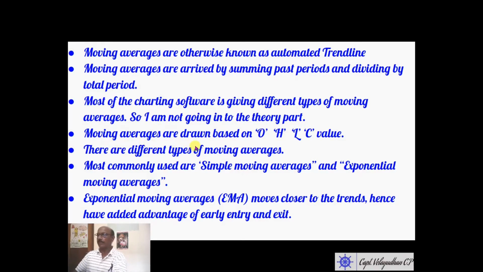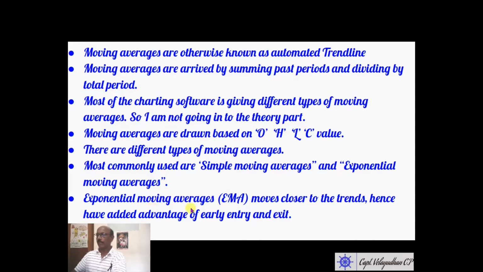Moving averages are drawn based on open, high, low or close. Most of the time people use close value for the moving averages. There are different types of moving averages. Mostly and commonly used are simple moving averages and exponential moving averages.